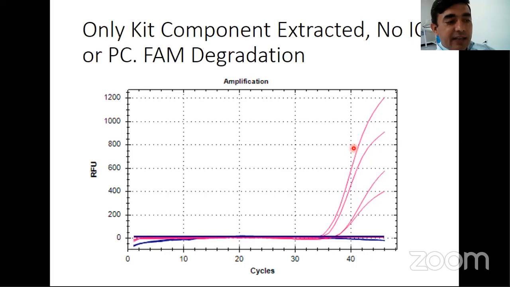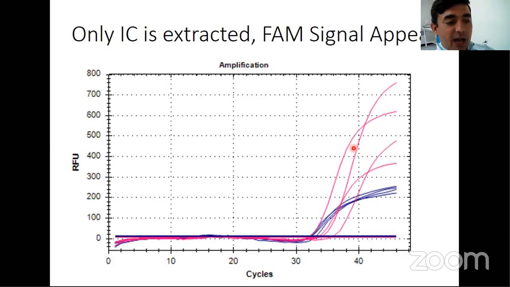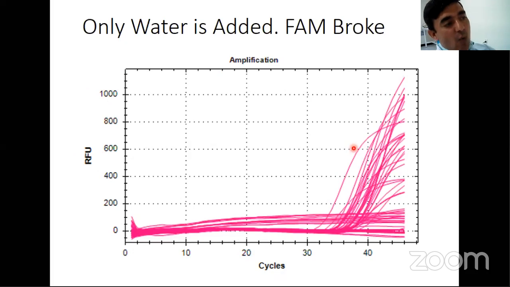Here again, the same breakage phenomena I'm telling you about is probe degradation. Sometimes if you add only the water molecule, your water may be contaminated, so you need to check that the water is not contaminated and is properly present.